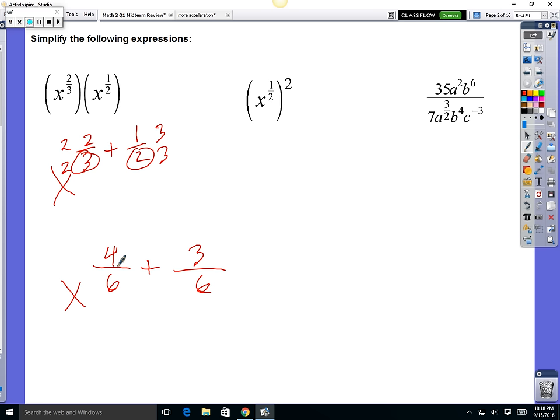So if we have 4/6 plus 3/6, now they're like terms, you should end up with a total of x to the 7/6. That's a good problem.